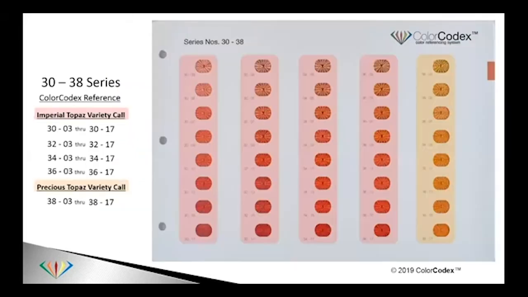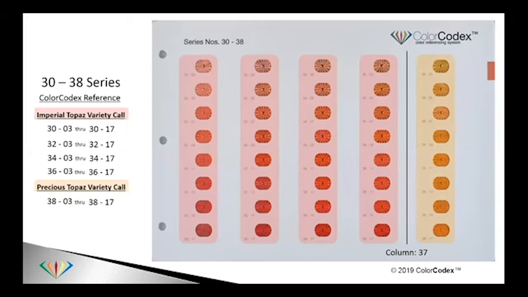When we look at it in terms of the ColorCodex system, that objective spectroscopic criterion also plays quite well to the color appearance. And so we find on the 30 series sheet of the ColorCodex, we see this boundary where we're able to distinguish between what we would classify as precious topaz and what we would classify as imperial topaz.